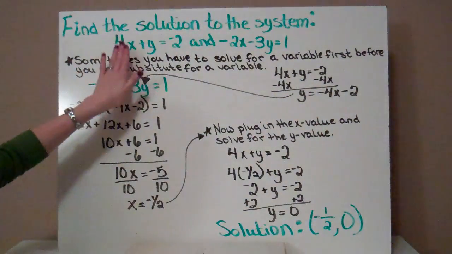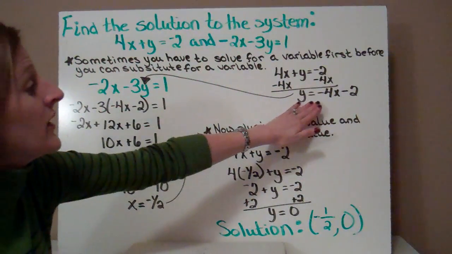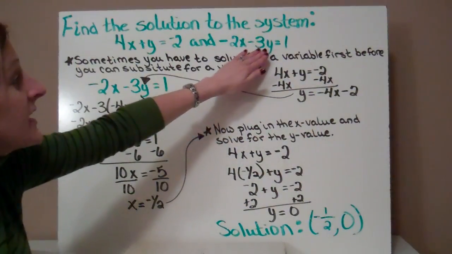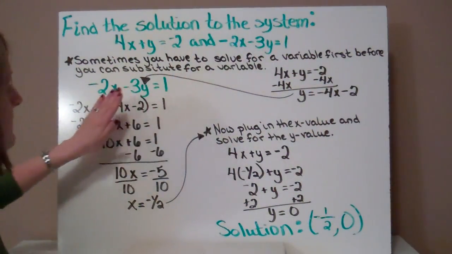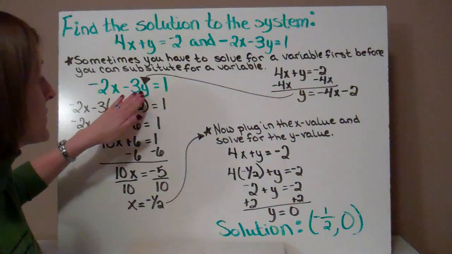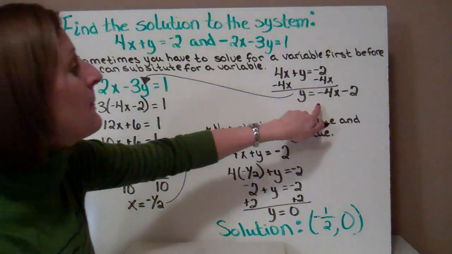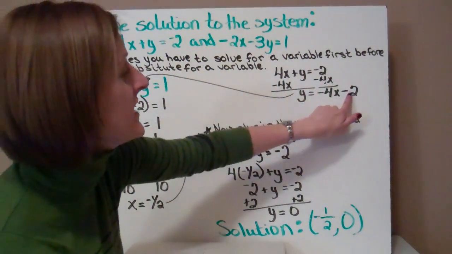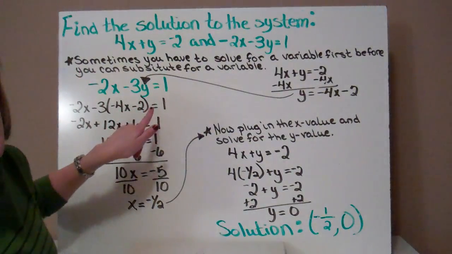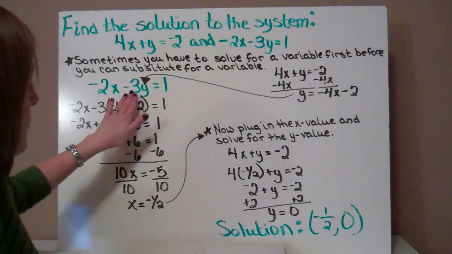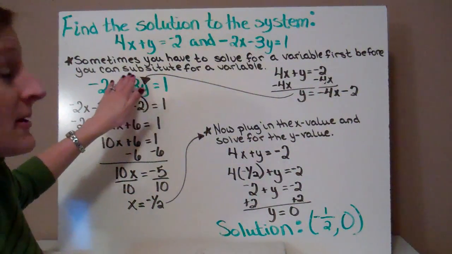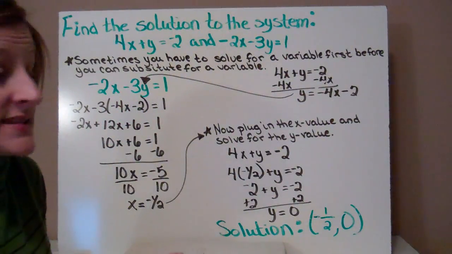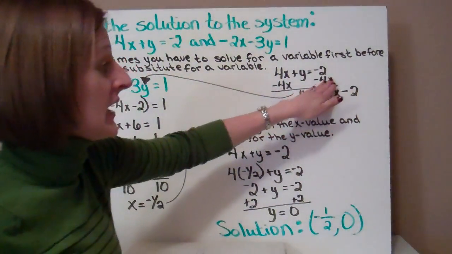So after I've done this, I use the second equation, negative 2x minus 3y equals 1, and plug in this expression right here for y. Notice since I'm multiplying y by negative 3, I put it in parentheses.